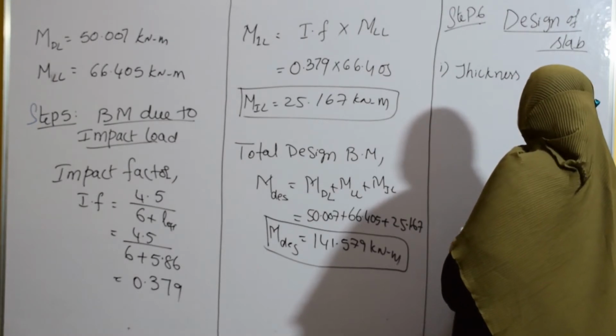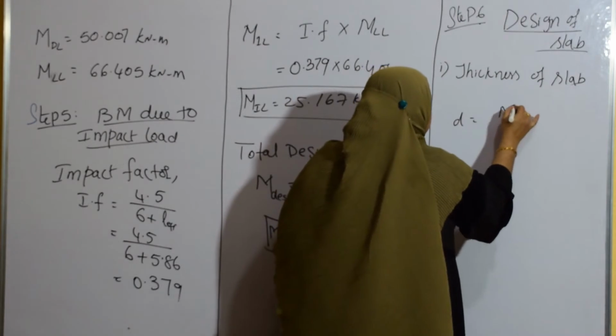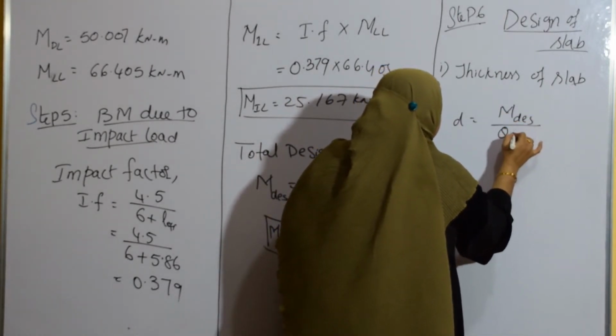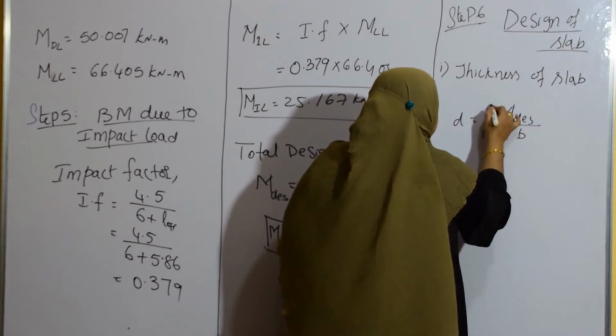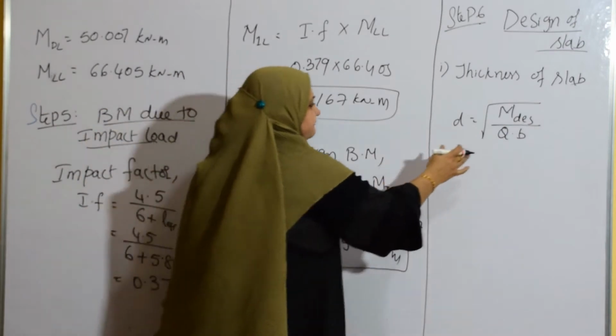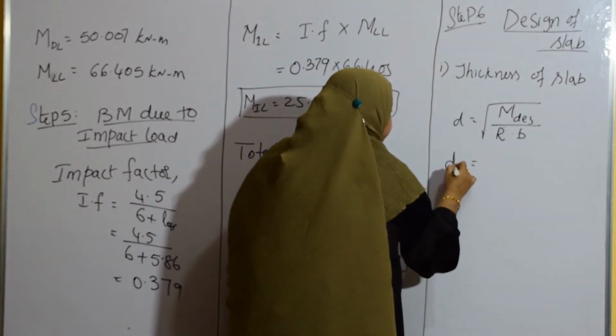If you remember the formula, d is equal to under root M by Q B. Q or R, whichever we have assumed, I don't remember. So this is M design by Q into B. I think I have used R into B. So what is your design bending moment?